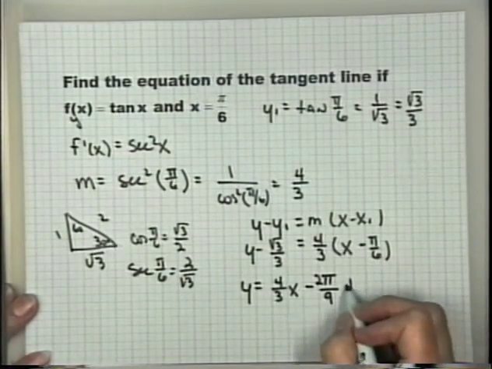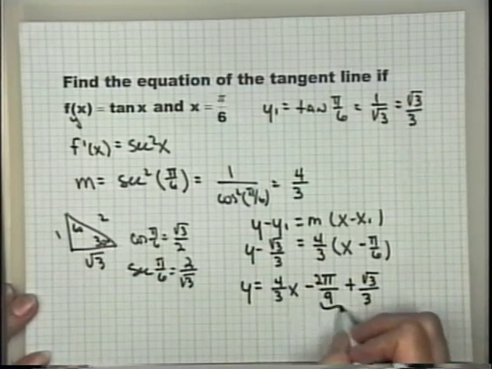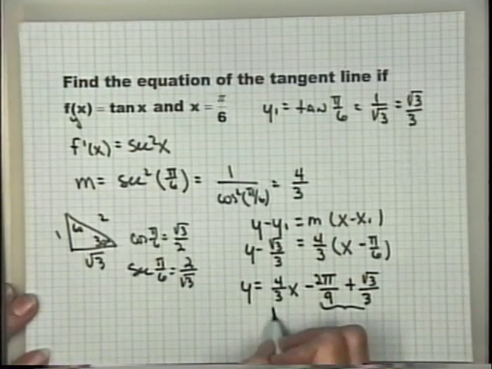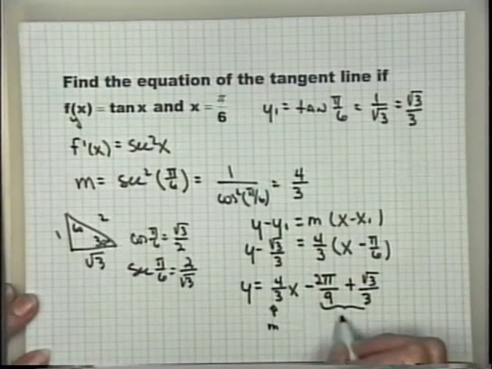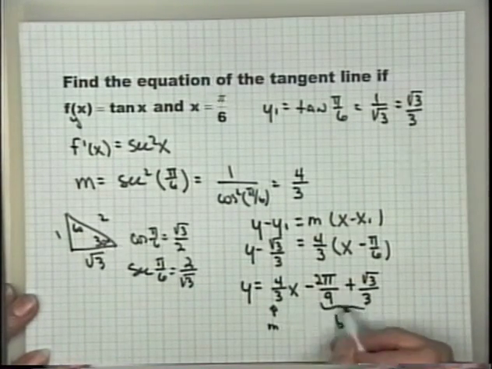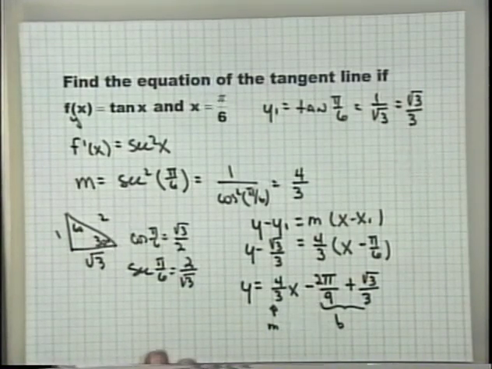And then this would be added over here plus square root 3 over 3. Now, there's not really any good way that we can combine those without going to a calculator approximation. But I just want you to understand, here's your m right here. And this quantity right here is basically your y-intercept, whatever that would simplify to. But we have the equation of the tangent line at x equals pi over 6.